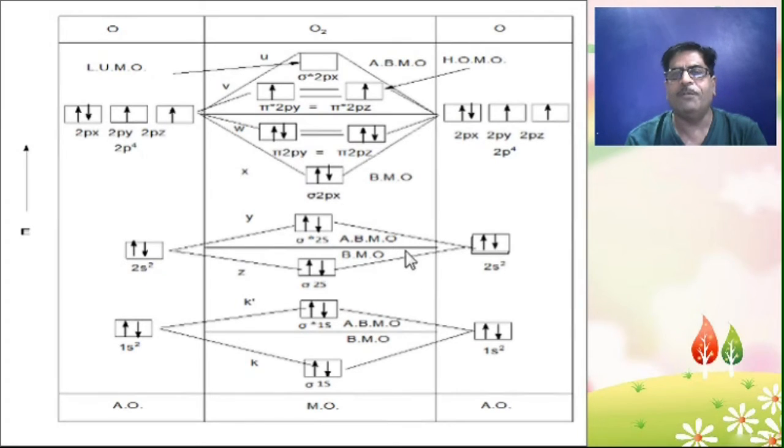So the number of electrons here in O2 is 16 electrons, accommodated in this O2 MO diagram. So how many electrons are in BMO? BMO, ABMO, BMO, ABMO: these 6 electrons in BMO and these 2 electrons in ABMO.